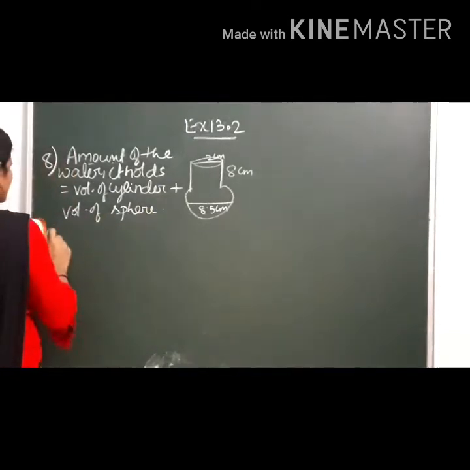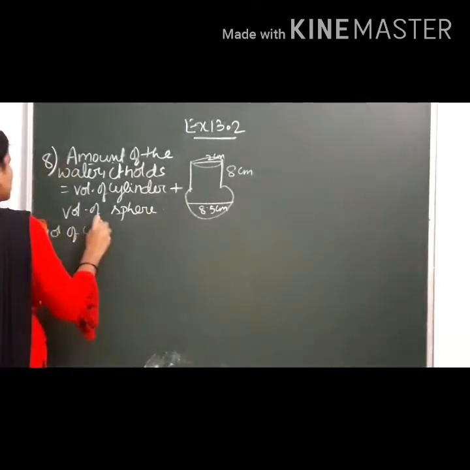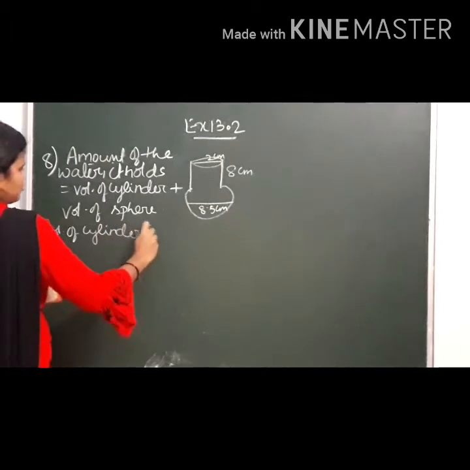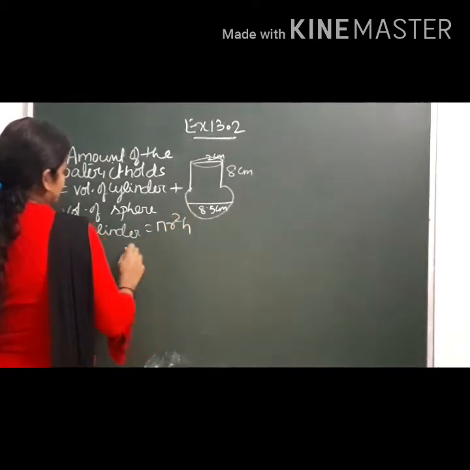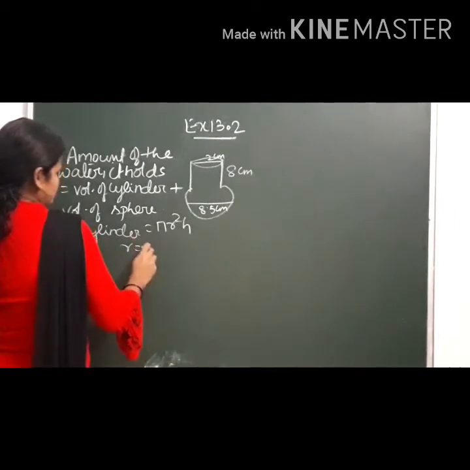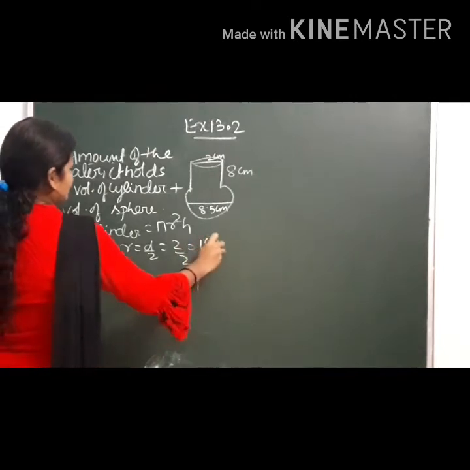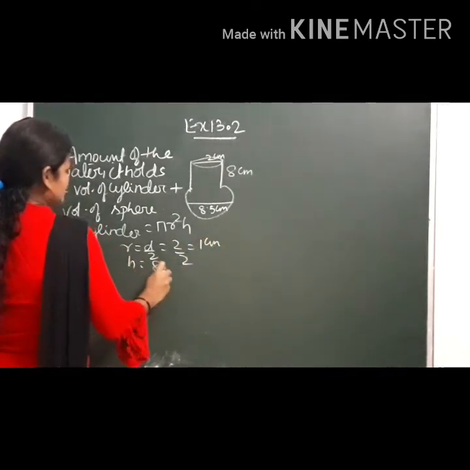What is the volume of cylinder formula? As you know, the volume of the cylinder is pi r square h. The diameter is given as 2 cm, so radius is diameter by 2, that is 2 by 2, that is 1 cm, and height is equal to 8 cm.